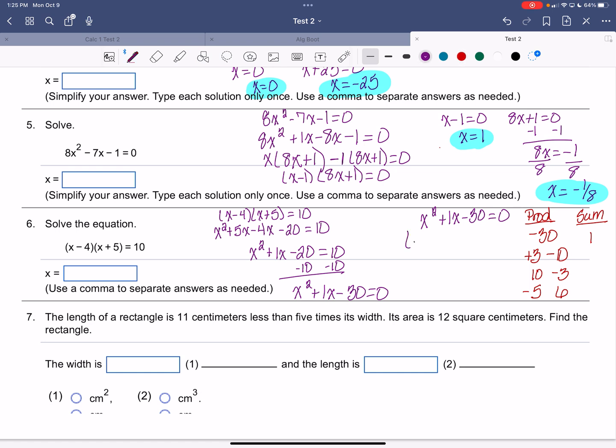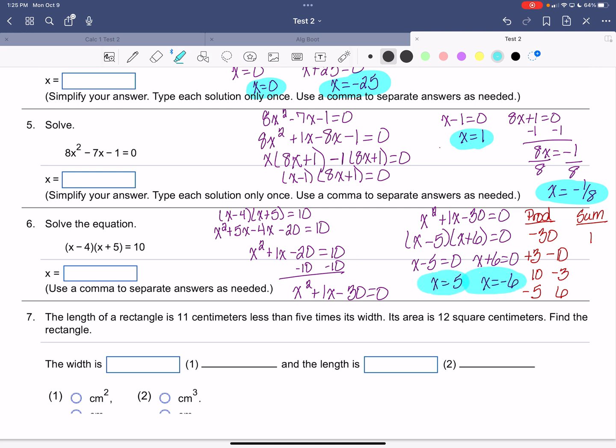So I've got x minus 5 and x plus 6 equals 0. Now I set each one of these equal to 0, and I'm going to have x equals 5 and x equals negative 6. Those are my final answers right there.